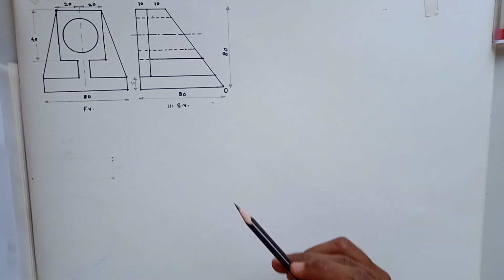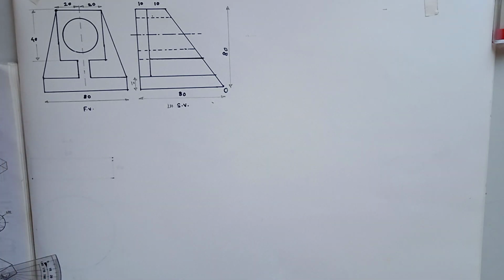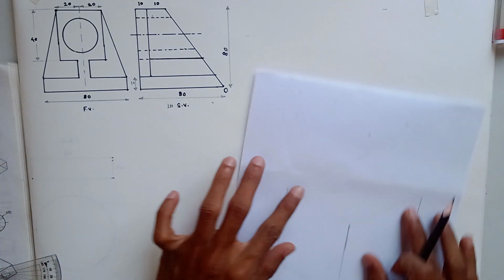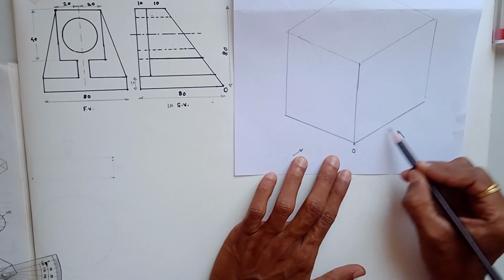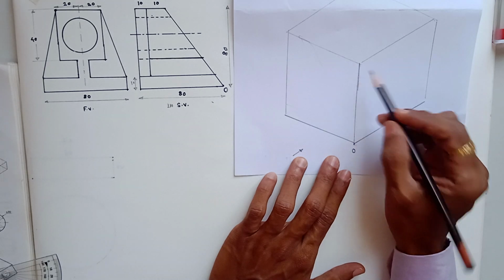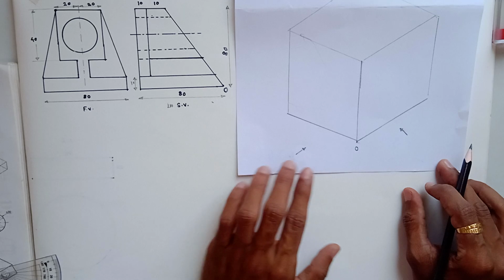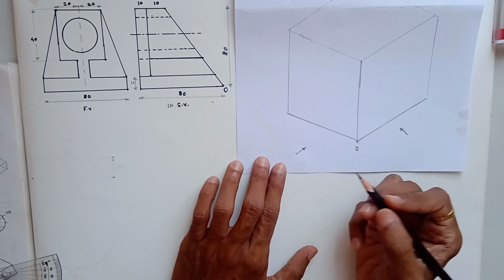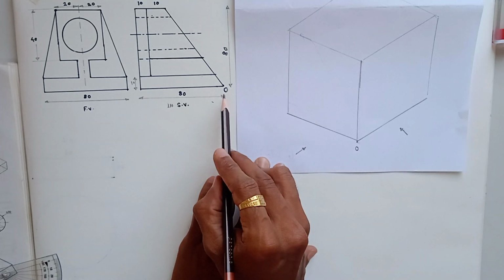Before drawing the actual view, we can draw a rough sketch. You can draw the x, y and z axis. Next, to decide the position of the observer in the front view, we have to observe the given origin.